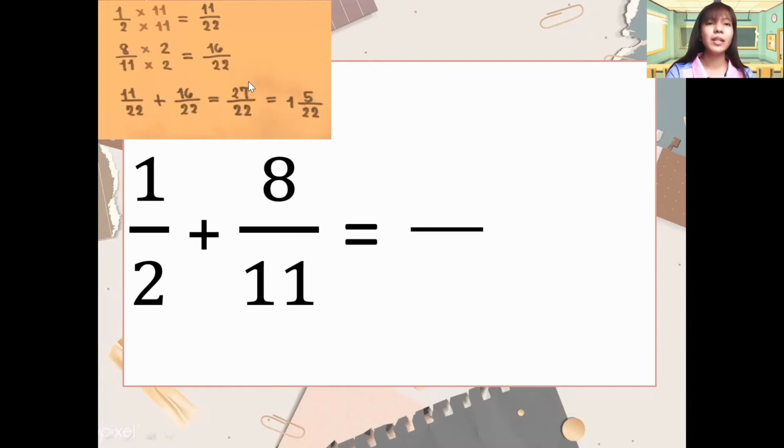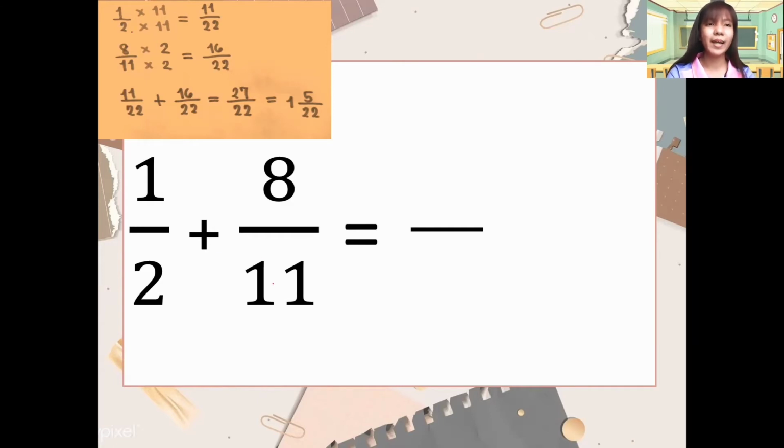First we have here 1 over 2 and then 8 over 11, right? So this time we have to find the numbers that you are going to multiply to the denominators 2 and 11, which can make both the same. Okay, this time we have to change each fraction.